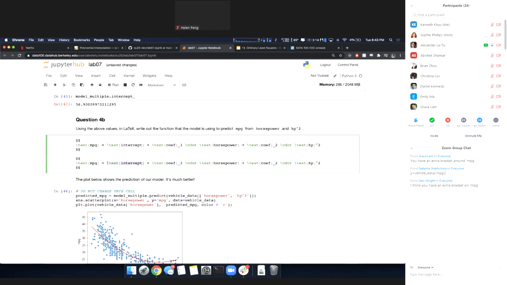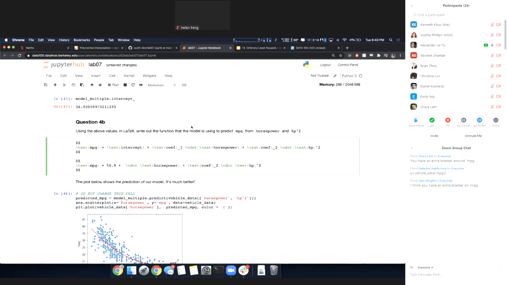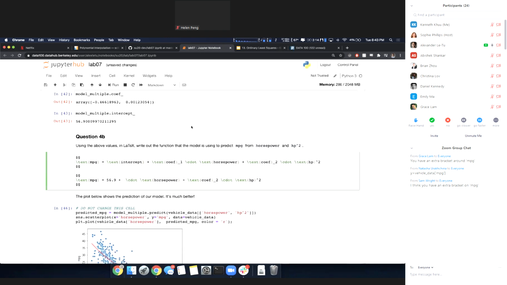Our intercept, we can see the output here was 56.9, rounding off. Our first coefficient is going to be negative 0.466.